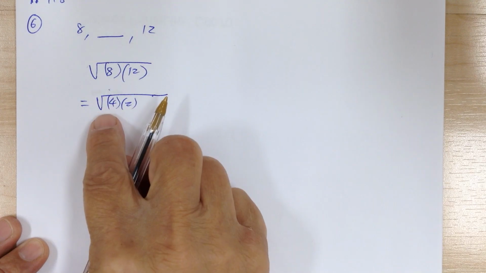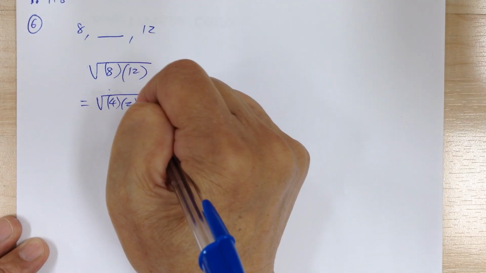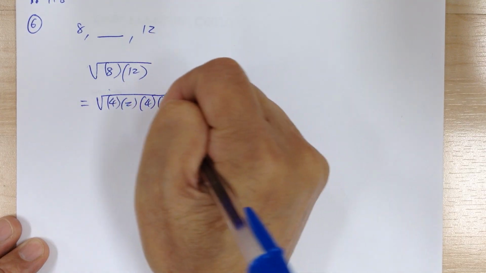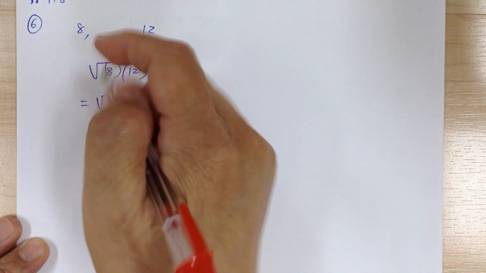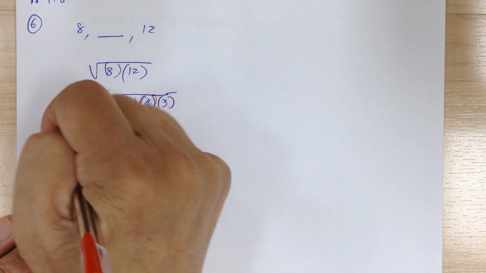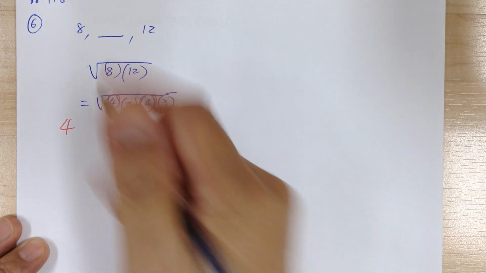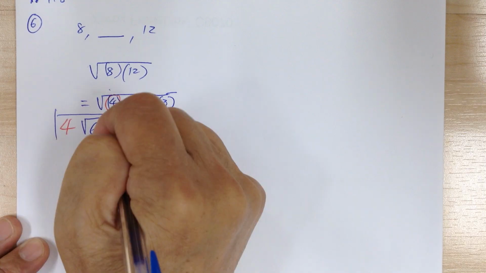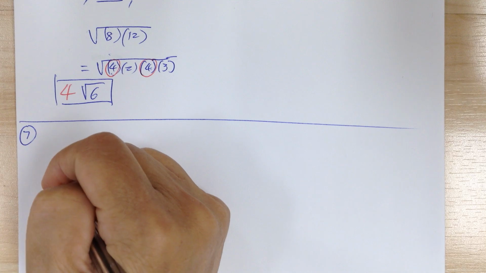You can take out the perfect square first, and the 12 can become 4 and 3. And so now notice you got 2 fours. So these 2 radicals become a 4. And the leftover would be just square root of 6, and it would be your answer.